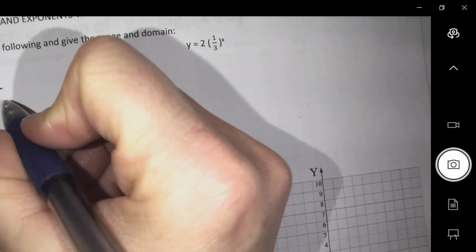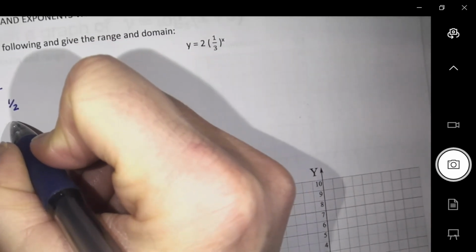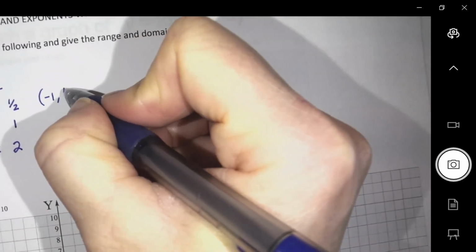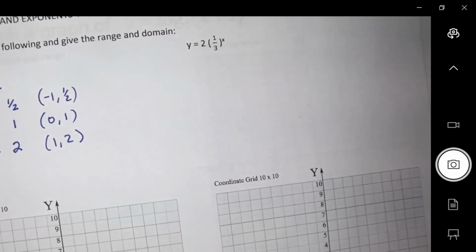Okay, so 2 to the negative 1 is a half, 1, 2. And that's how I develop my 3 original points.